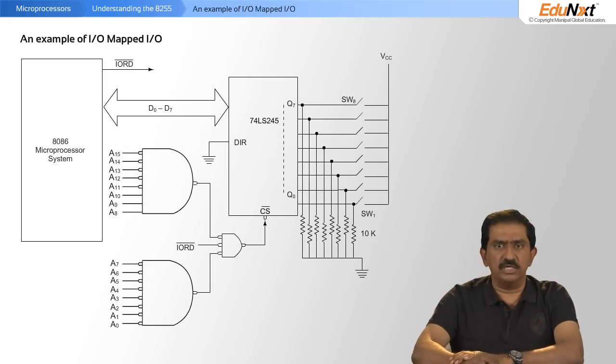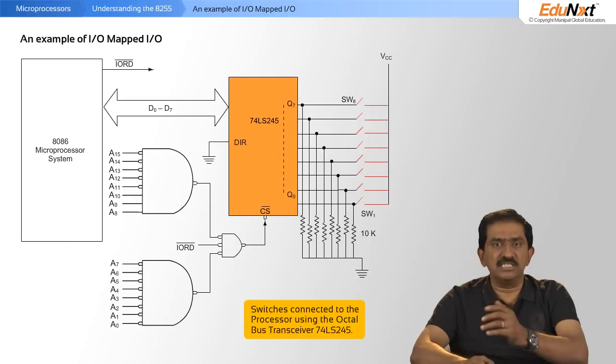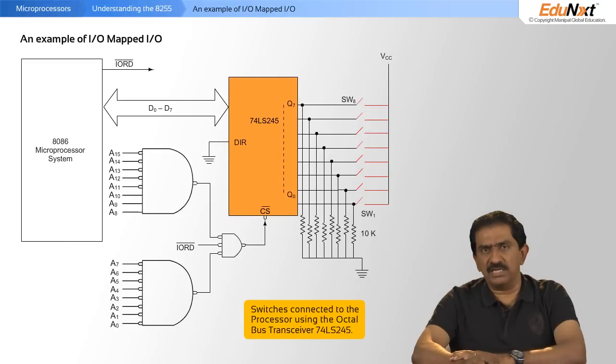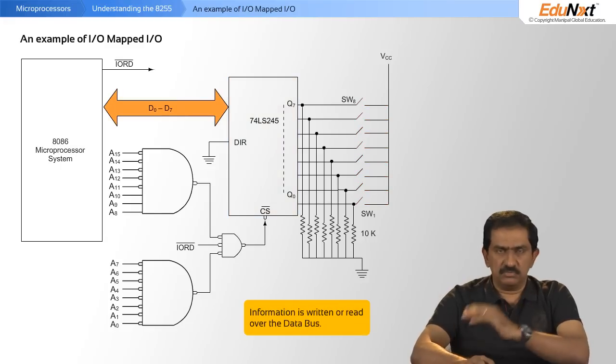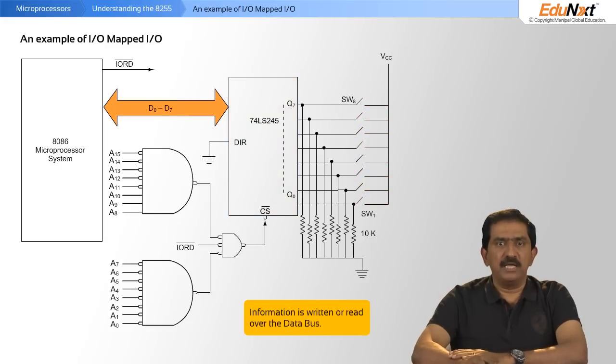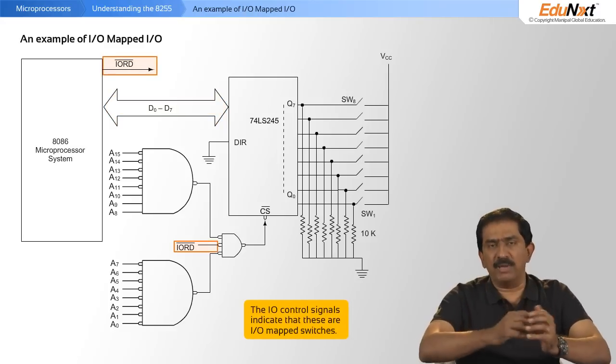What you see here is a set of keys that are connected to the processor using an octal bus transceiver, the 74LS245. This information is written or read over the data bus, as we said earlier as well. The I/O read signal is active in this case because this is an I/O mapped I/O.